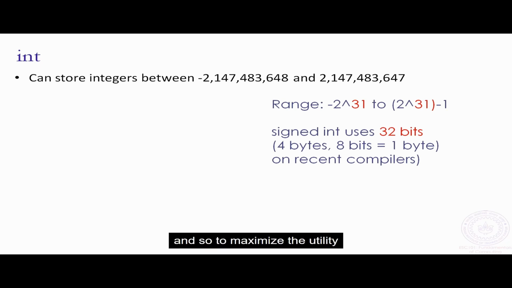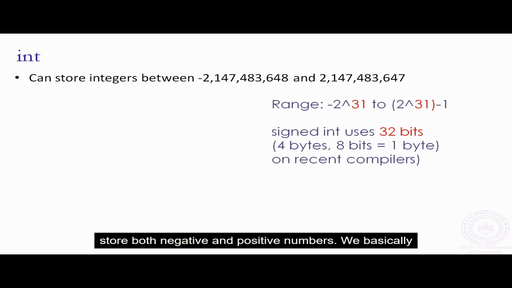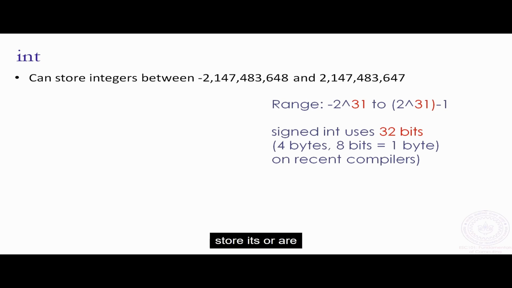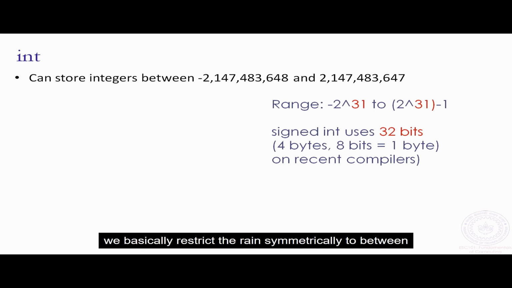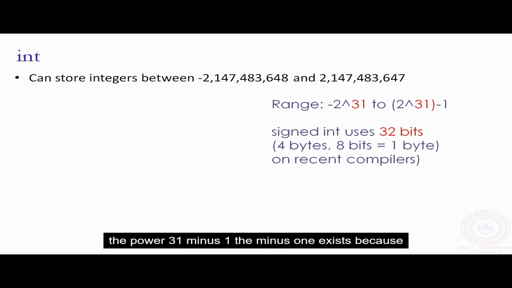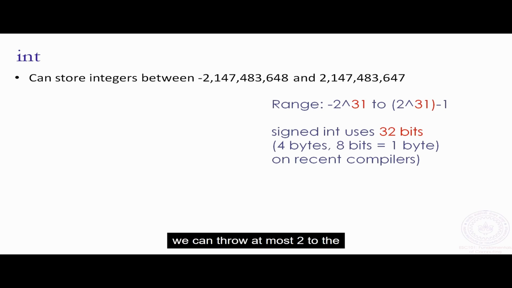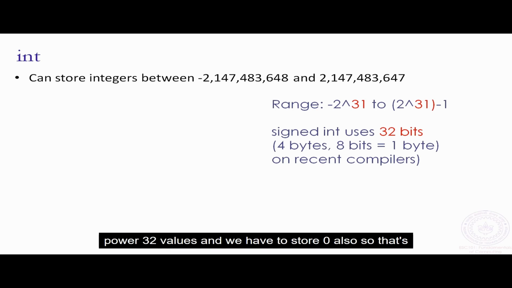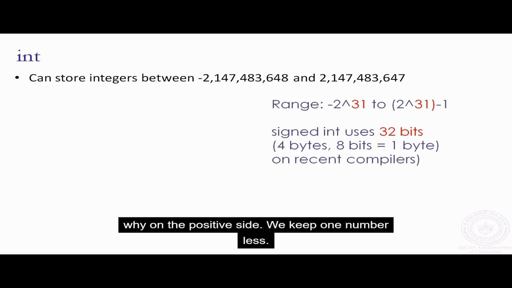And so to maximize the utility of this int box to store both negative and positive numbers, we basically restrict the range symmetrically to between -2 to the power 31 and 2 to the power 31 minus 1. The minus 1 exists because we can store at most 2 to the power 32 values, and we have to store 0 also. So that's why on the positive side, we keep one number less.